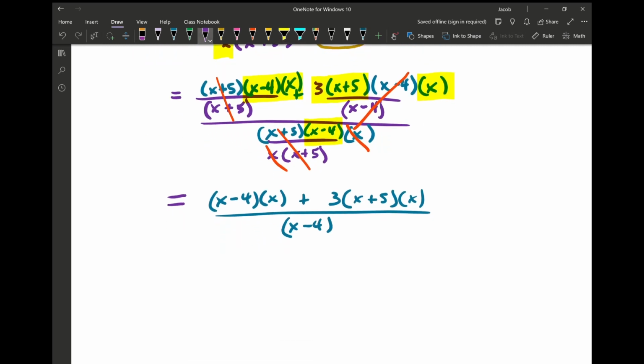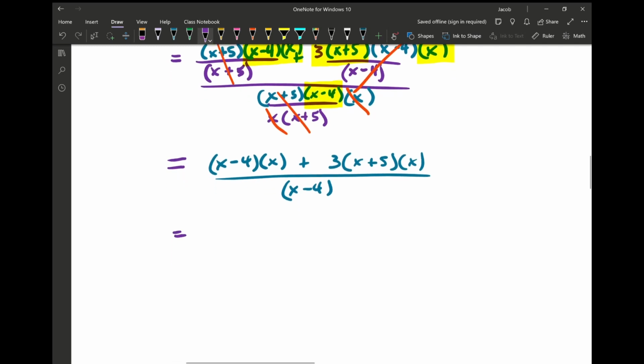And then just to wrap this one up, I've got to multiply and combine like terms, and I'll just do that real quick. So I'll have my 4x squared and then plus 11x.